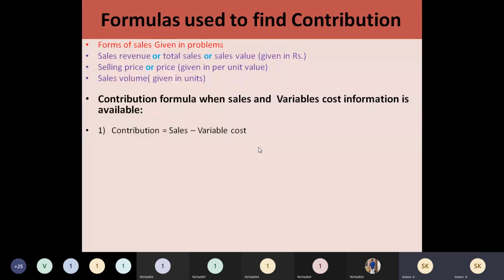If total sales is given, they will compulsorily give you the output in the problem itself. Based on that, you identify that. So this formula you are going to use for calculating the contribution. Total contribution also you can calculate as total sales minus total variable cost. Based on the information you use that.